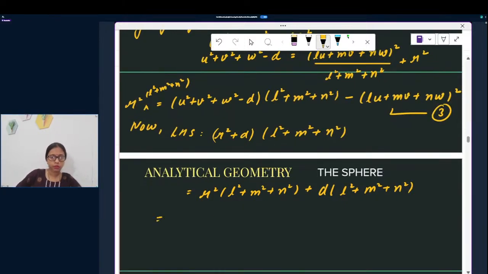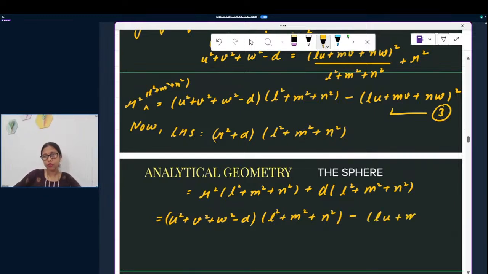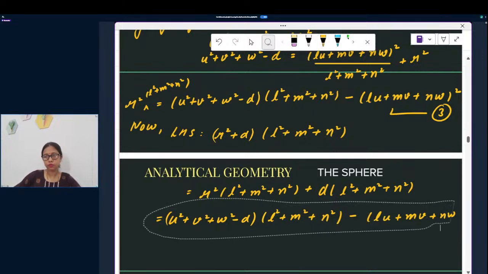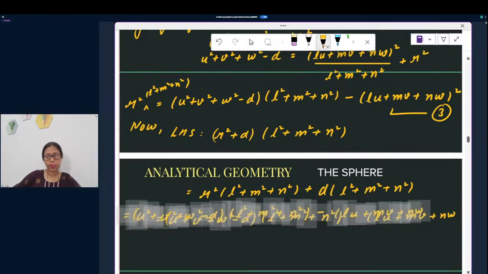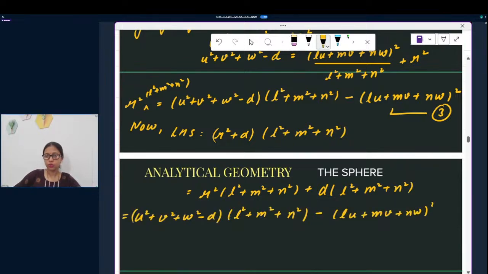So this is u square plus v square plus w square minus d times l square plus m square plus n square minus lu plus mv plus nw whole square, and then we have the last term, plus d times l square plus m square plus n square.